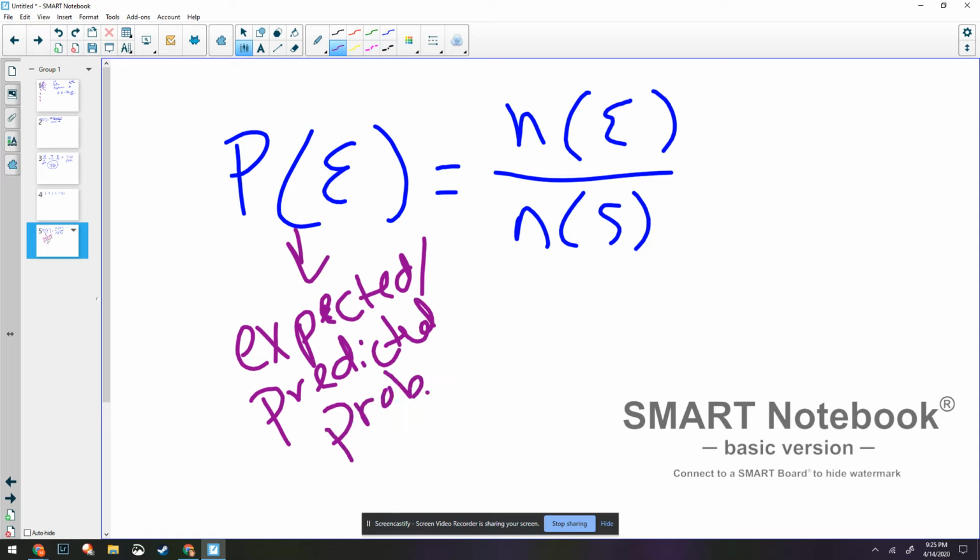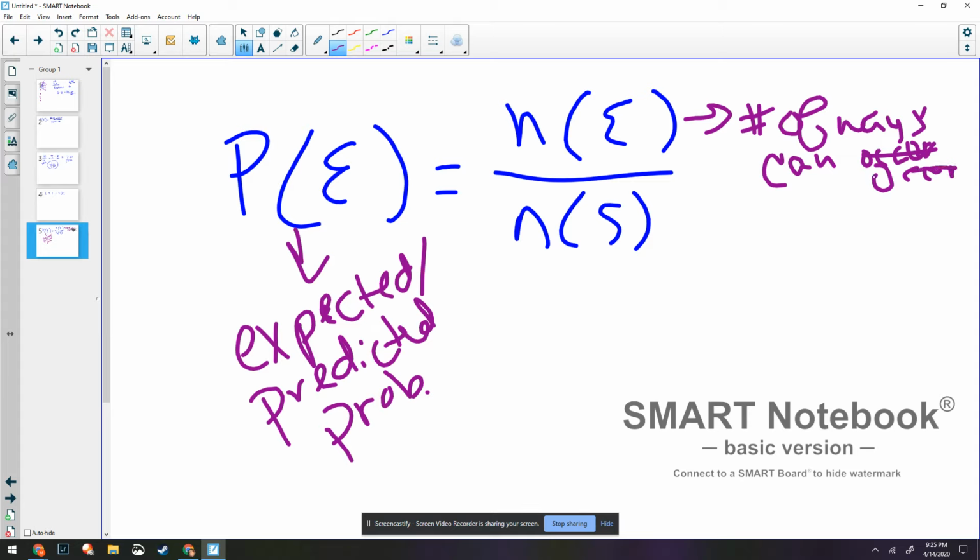And that's what we get when we said, like, if you were to spin a spinner, you have a 1 in 3 chance of getting a certain color. N of E is the number of ways a specific event can occur. Okay, it's the number of ways an event can occur.